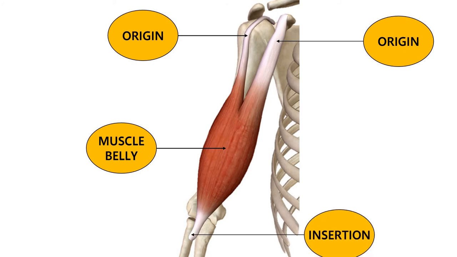So in this case, the biceps brachii inserts into, it's simplified a bit here, but that's to say the connective tissue on your forearm. There are several points of insertion, but it's a bit complicated for what we need to know here. The main takeaway point here is origin near the body, insertion away from the body, muscle belly in the middle.